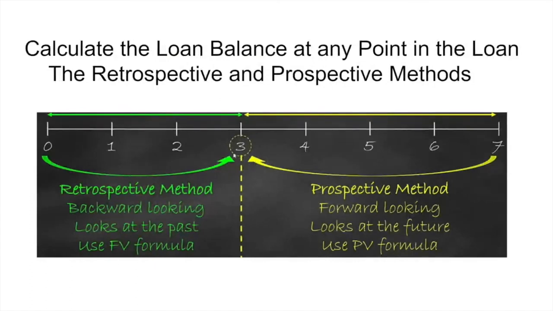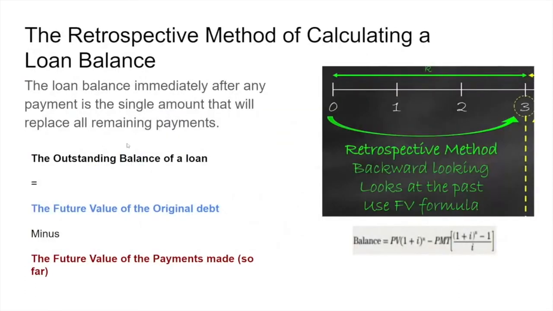Well, if we look at the front end of it, from 0 to 3, we can use the retrospective method. What that does is look backward at the past to find the future values of a couple of things: the payments themselves and the original amount of the loan. So let's take a look at this retrospective method, okay?